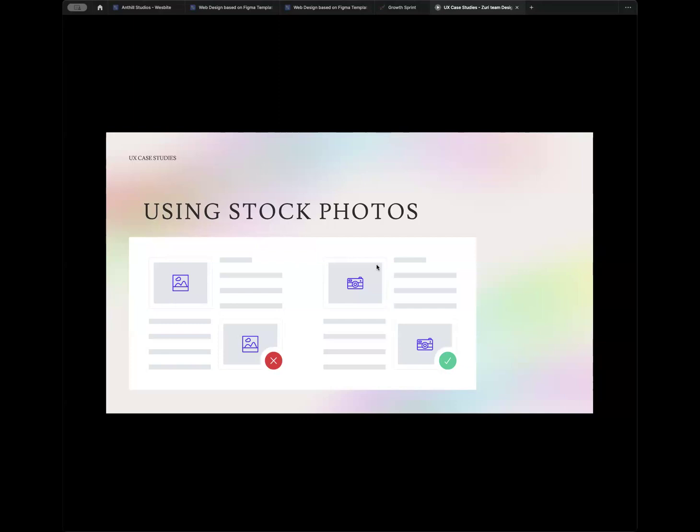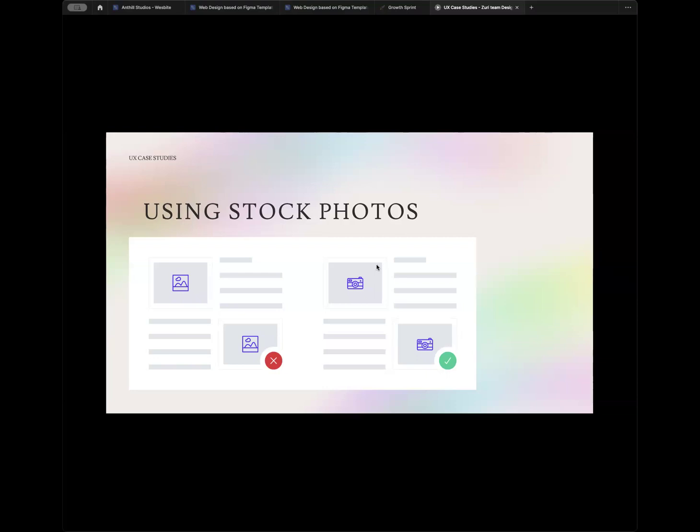Even if you paid for it, even if you bought it from Shutterstock or Freepik or wherever, the fact that you paid for it doesn't mean someone elsewhere has not paid for that exact same image or has not used it in 100 places. So it's not safe for you to assume that because you paid for a stock image, it's unique to you. It's not.